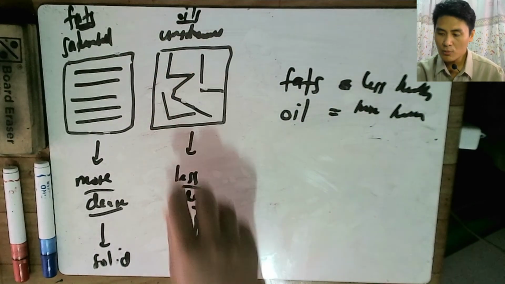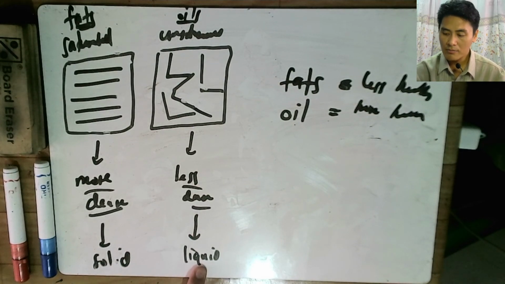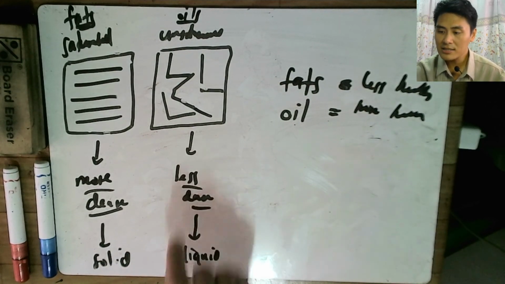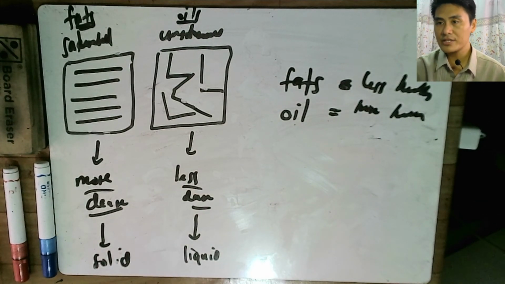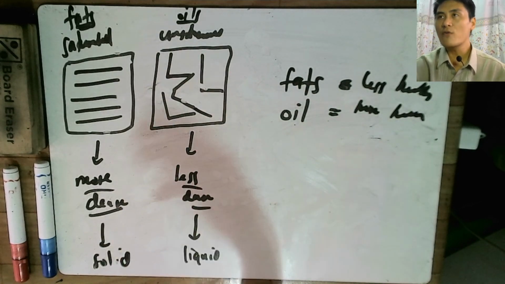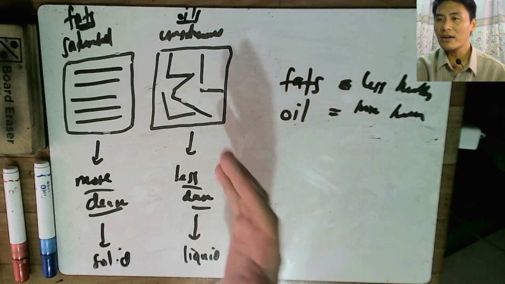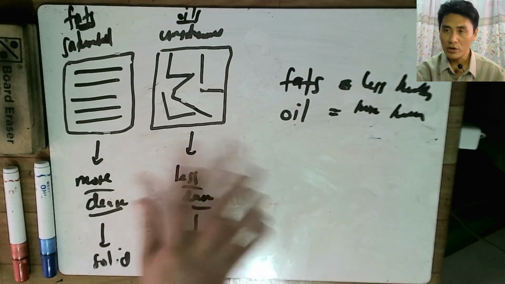For unsaturated ones, it's liquid, so it doesn't clog up your arteries, but it has double bonds that radicals could attack and create unforeseen reactions. But again, it's less of a threat because we have evolved to kind of deal with them. Trans fat is bad because it gets the worst of both worlds.